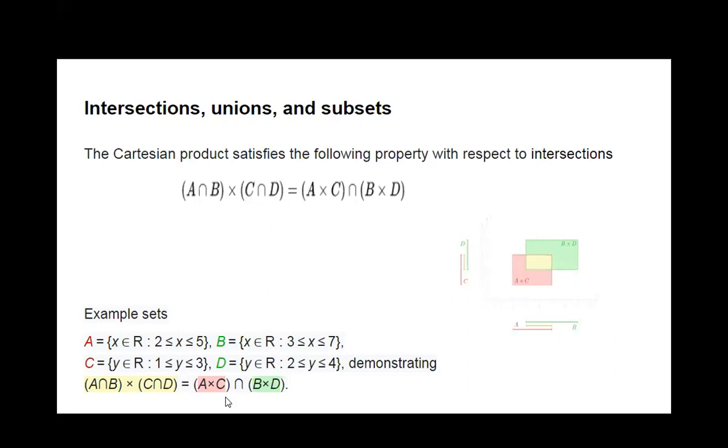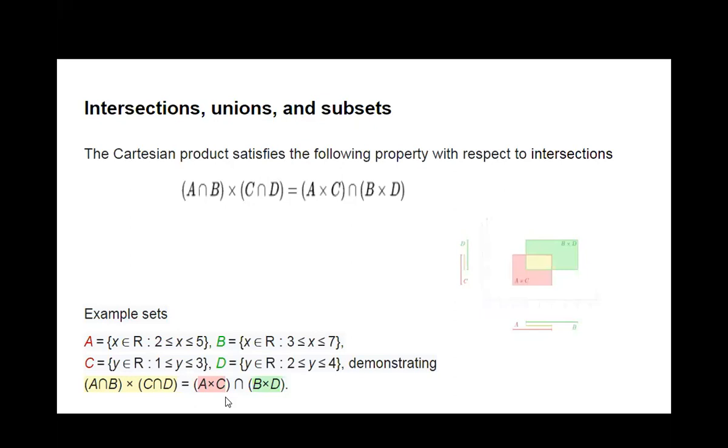Yes, ma'am. Now we are going to consider the Cartesian product of A and C, the red sets. The Cartesian product of set A and set C is the rectangle which comes in red color. The Cartesian product of set B and set D is given with the green color.